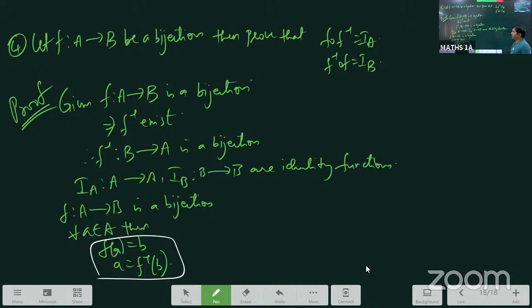For every a belongs to A, F of a equals b, then a is equal to F inverse of b. Why? Because F is a bijection, F inverse exists.